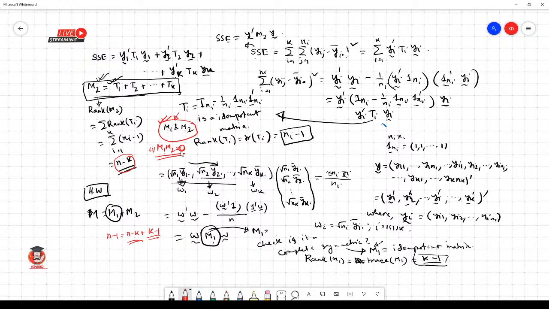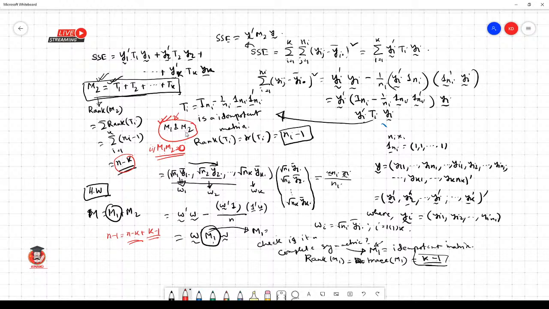So either you show that the rank of M equals the rank of M1 plus the rank of M2, or you find the expressions of M1 and M2 and prove that both are idempotent, then conditions 2 and 3 automatically follow.